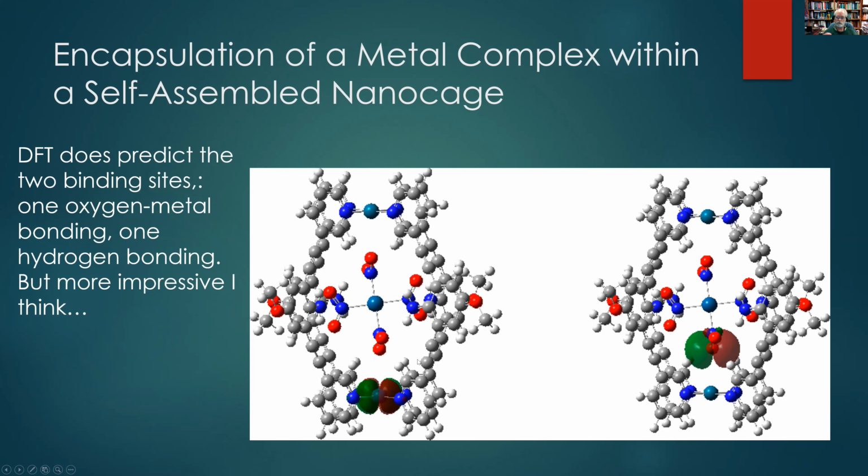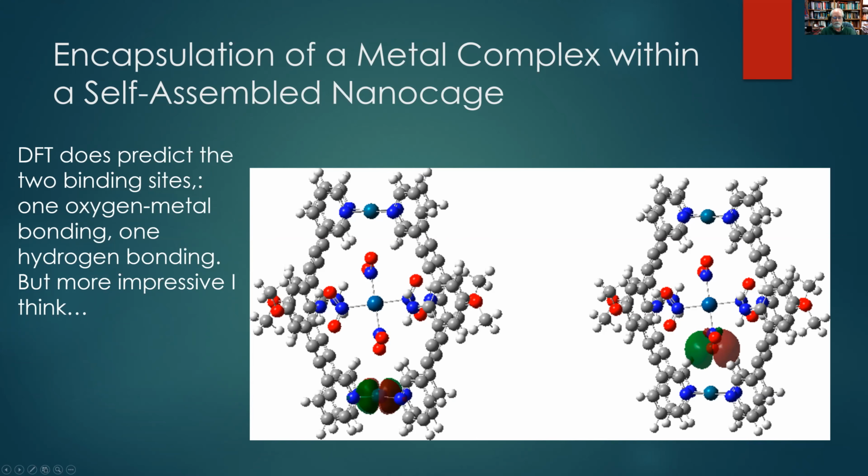And so this is kind of a classic sort of back bonding mechanism. And we're able to show here the acceptor orbital on the palladium and the donor orbital on the oxygen.